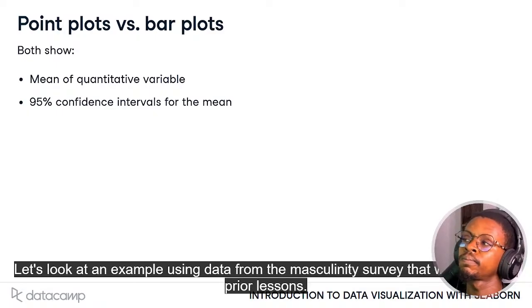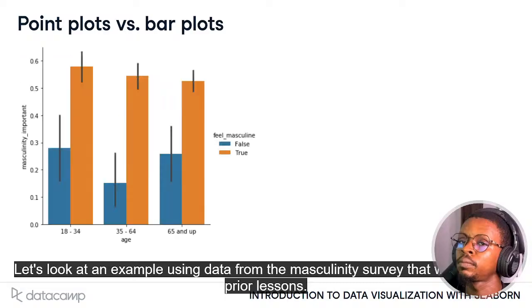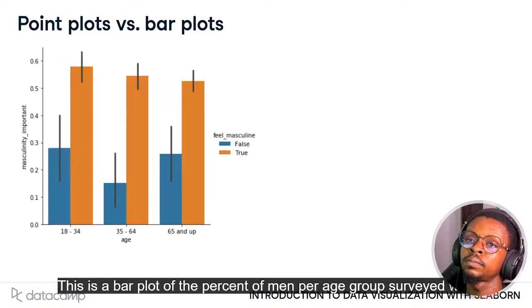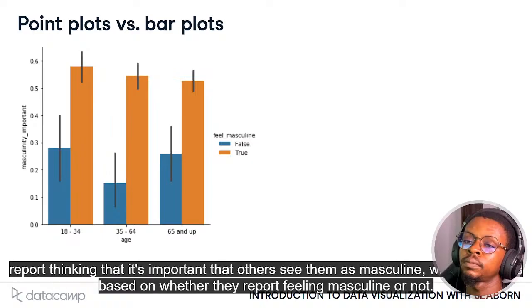Let's look at an example using data from the masculinity survey that we've seen in prior lessons. This is a bar plot of the percent of men per age group surveyed who report thinking that it's important that others see them as masculine, with subgroups based on whether they report feeling masculine or not.